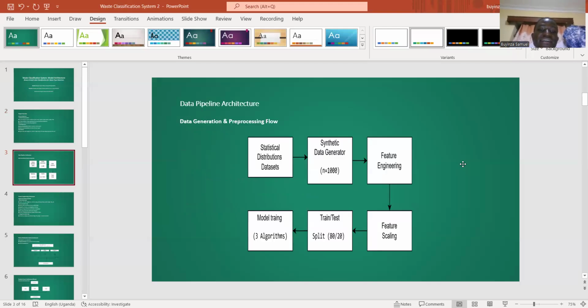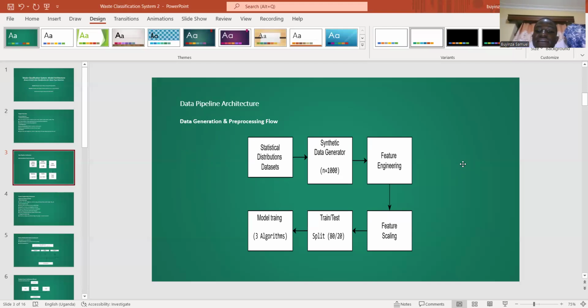Then when we look at the data pipeline architecture, we have the data generation and processing flow, where we have the statistical distributions for the data sets, which lead us to the synthetic data generator that takes us to the feature engineering bit of the work.